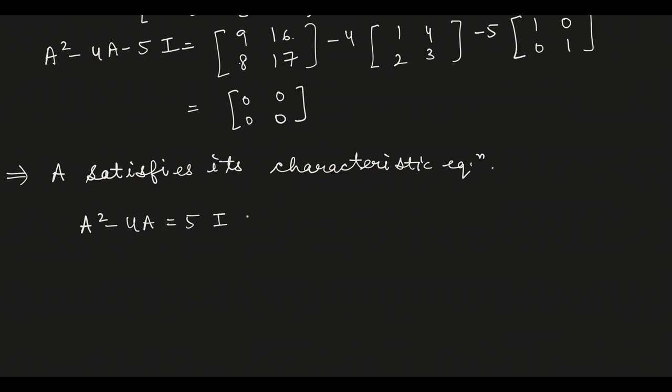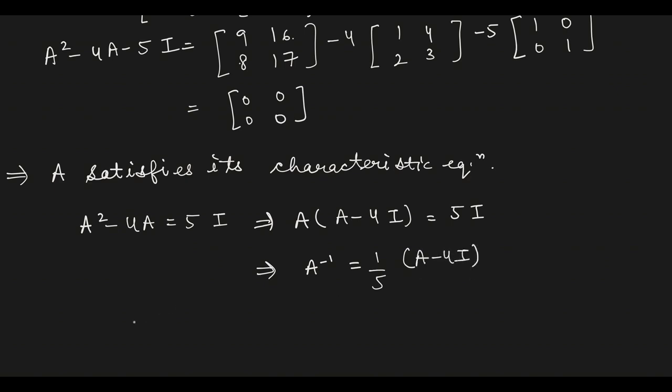Now I need to find A inverse. 4A = A^2 - 5I, or I can simply take A common. So A inverse is 1 upon 5 (A - 4I).